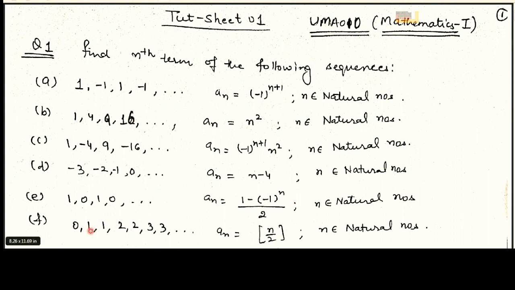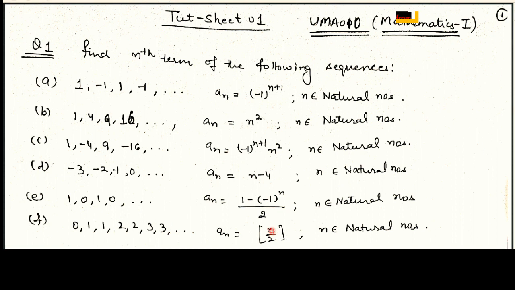Now the F part, the sequence is 0, 1, 1, 2, 2, 3, 3 and so on. So here the nth term will be the greatest integer of n by 2. When you put n to be 1, you will have the greatest integer of half. What is the greatest integer of half? It is 0. So your first term is 0.